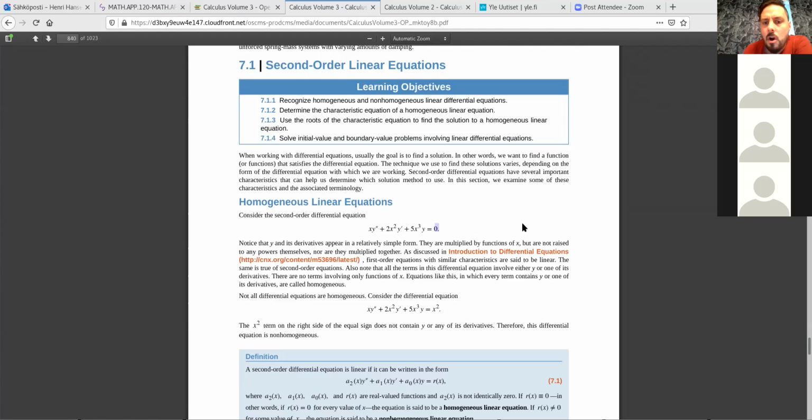There are only terms that depend on y or its derivatives on the left-hand side, and on the right-hand side there is nothing except 0. This is what we call a homogeneous equation.